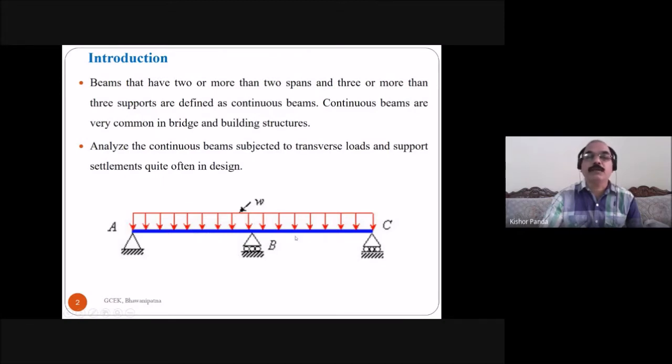This is one span and this is one span. So these two are your consecutive spans, and these are the three supports: intermediate support, right support, and left support. So you have to apply the three moment equation to any two consecutive spans.